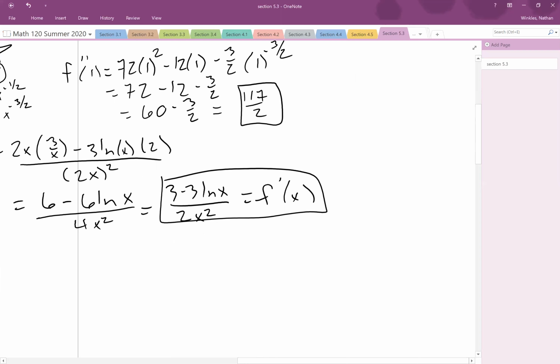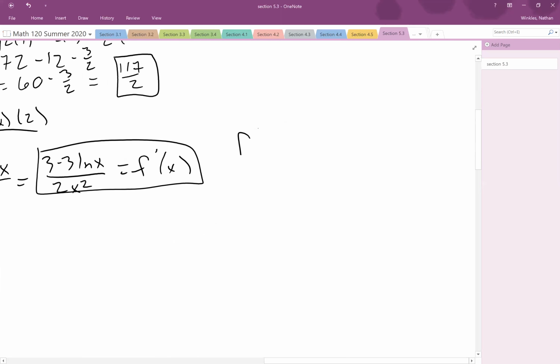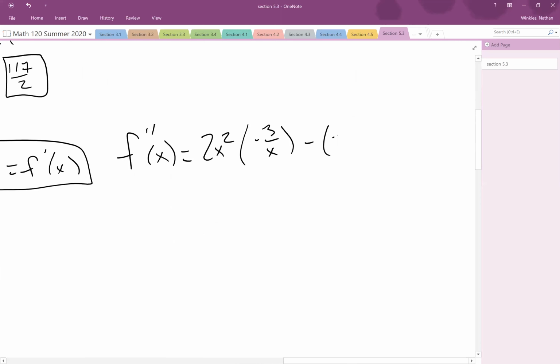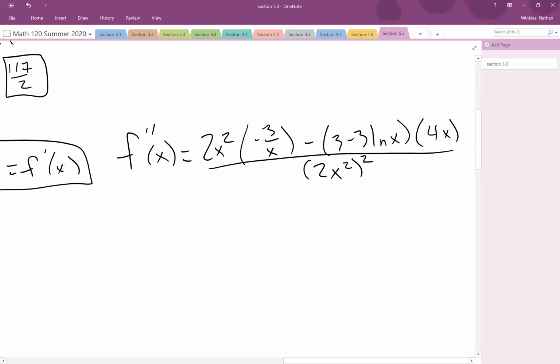So now we need to take its derivative. f double prime of x is low d high minus high d low over our bottom squared.